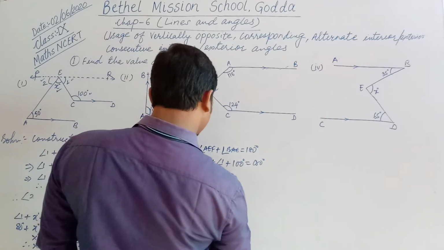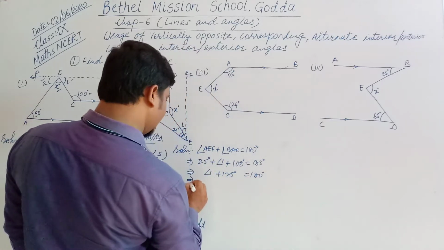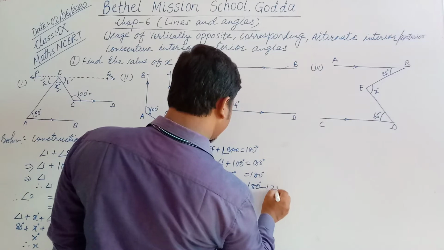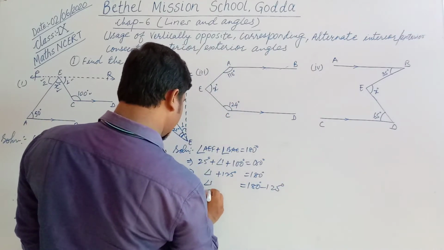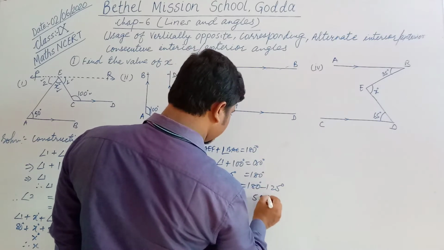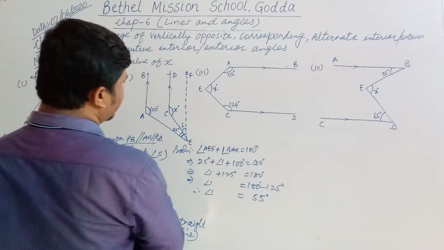Angle 1 plus 125 degrees equal to 180 degrees. Angle 1 equal to 180 degrees minus 125 degrees. Therefore, angle 1 equal to 55 degrees.